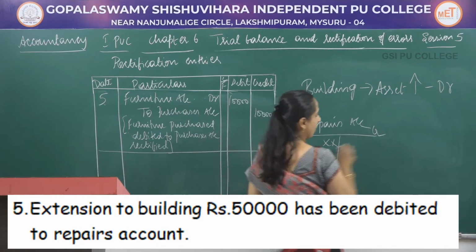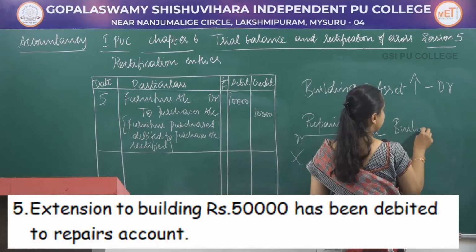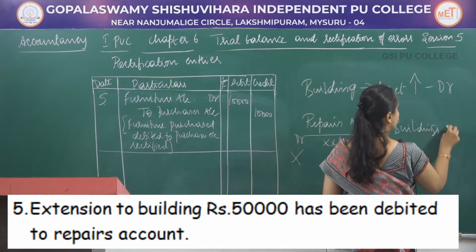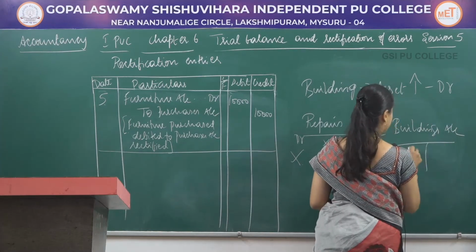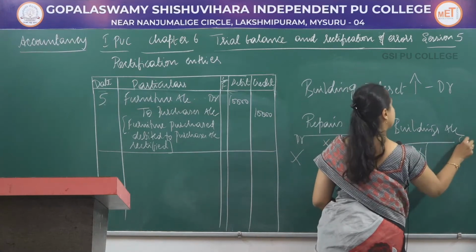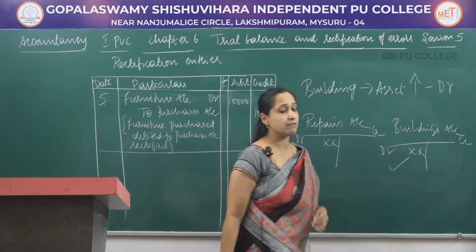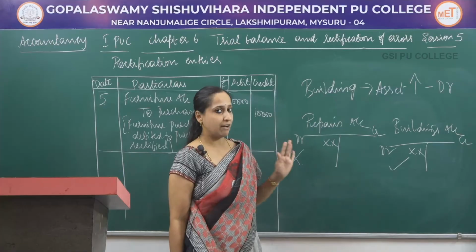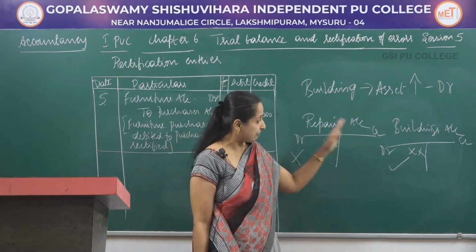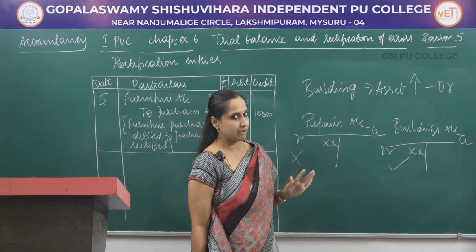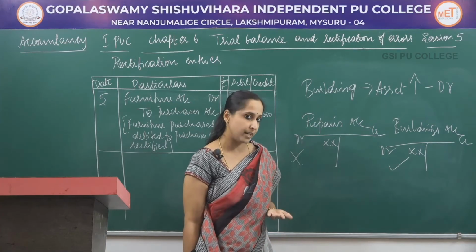This is wrong. Where should they have debited? Buildings account should have been debited. This is right. So now how can I rectify this? Now I have to debit buildings account, and if I credit repairs account, the error will be rectified. So now what is the journal entry?